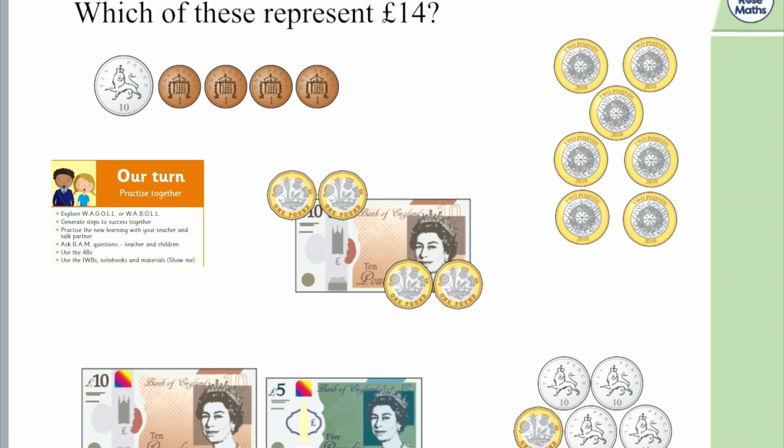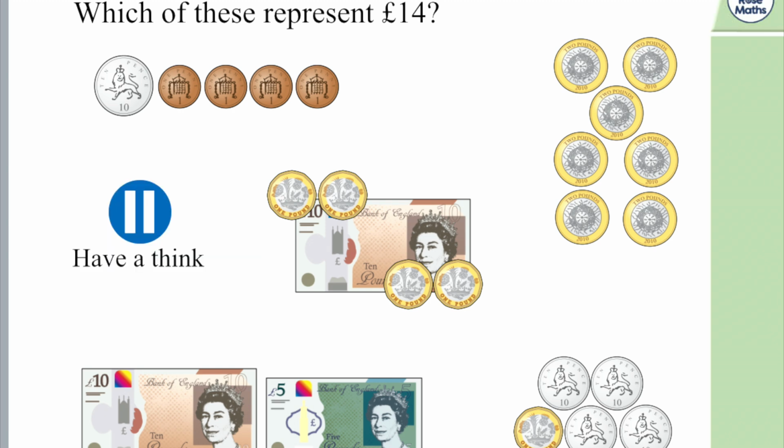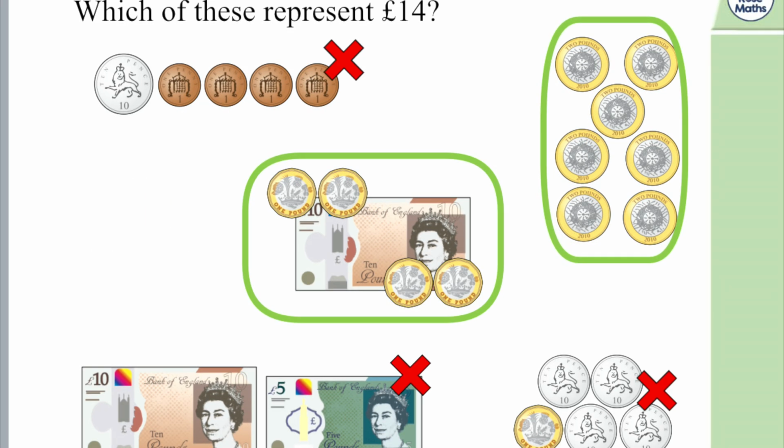Pause the video and see if you can work out which group of coins shows £14. Let's have a look. Here are our answers. We can see the £10 note and the 4 £1 coins makes £14. We can also see that we've got our £2 coins.